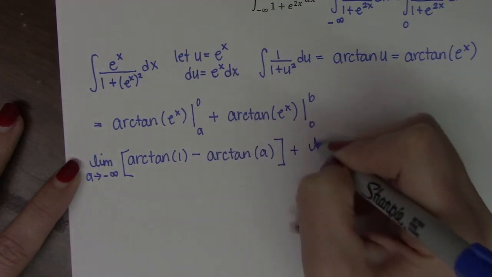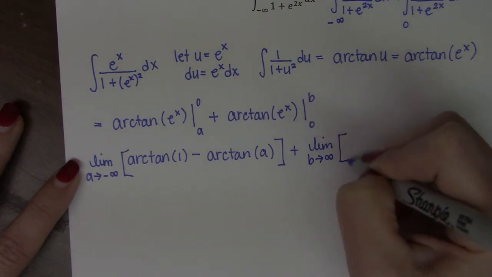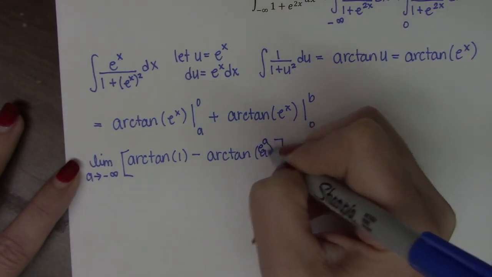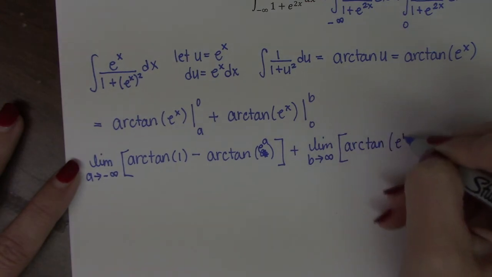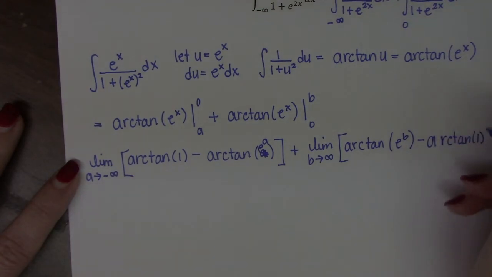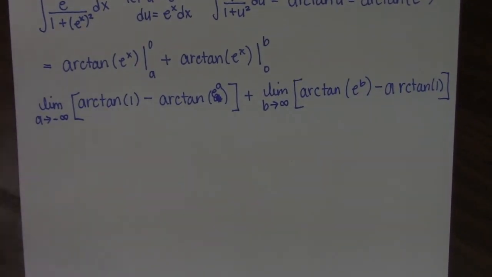Then we're going to add this to the limit as b goes to positive infinity of arctan of e to the b minus, once again, arctan of e to the 0, which is 1. So arctan of 1, right? So now we have to evaluate these limits, and this is actually a little bit tricky.